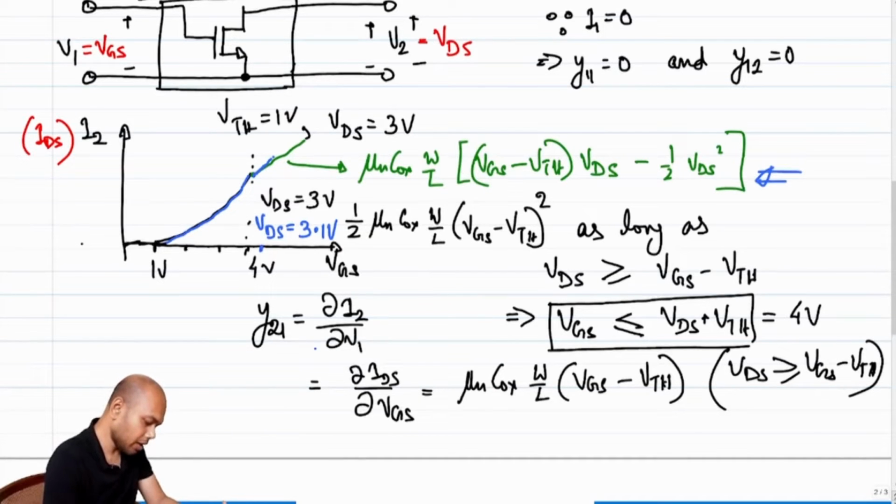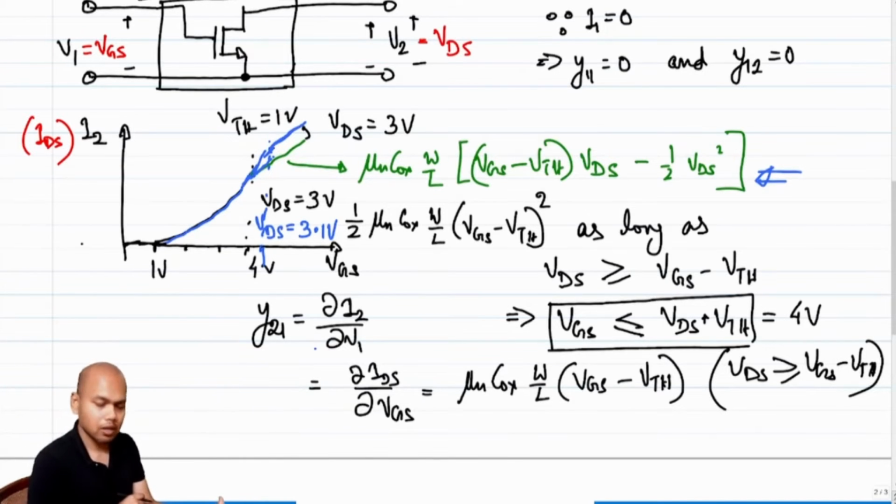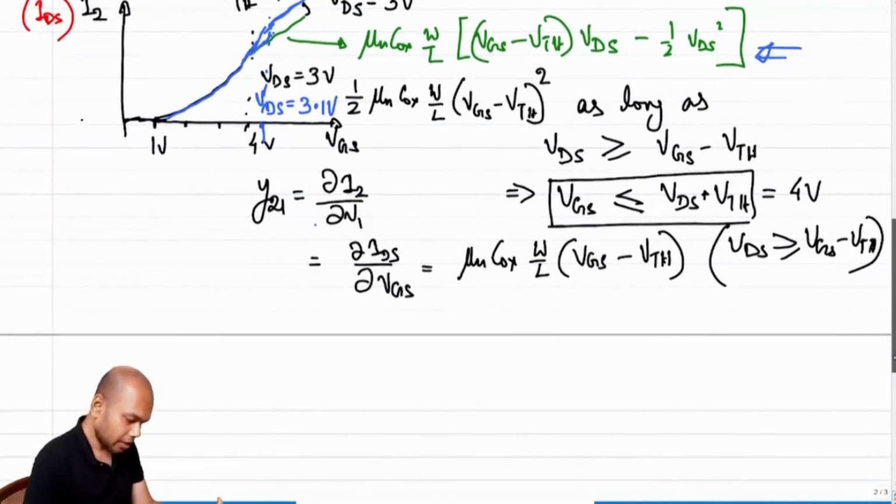This current should have continued increasing till 4.1 volt and then should have started to linearize.